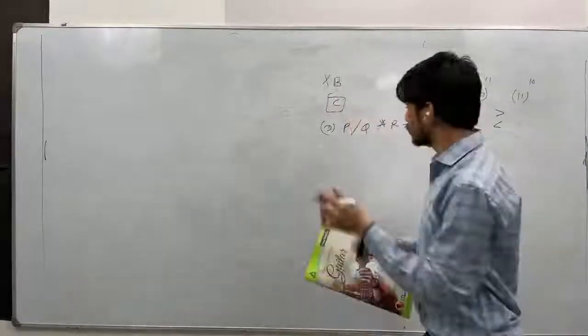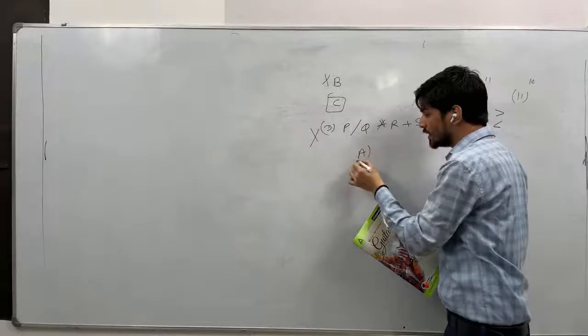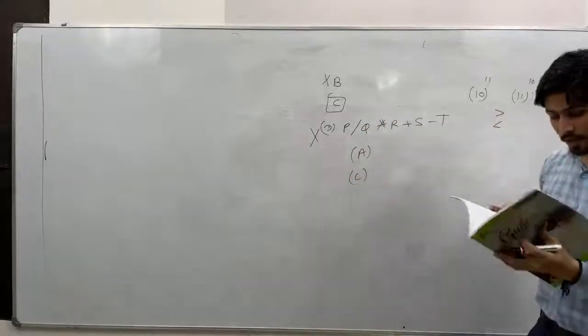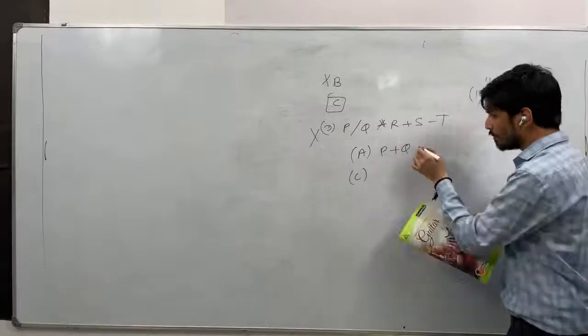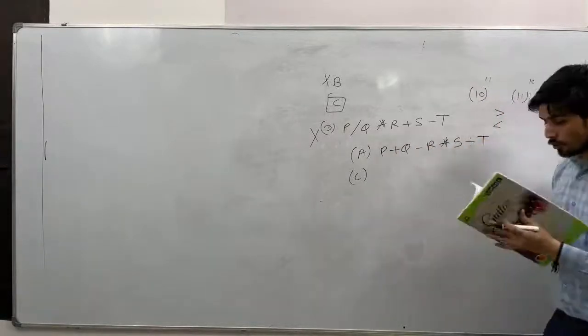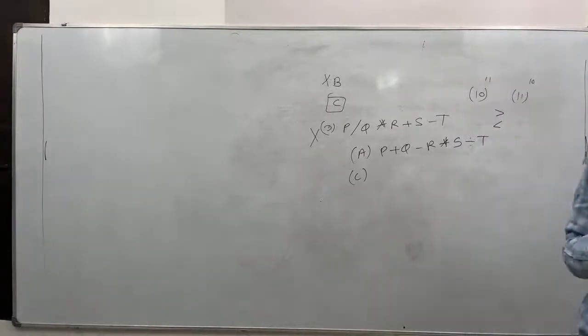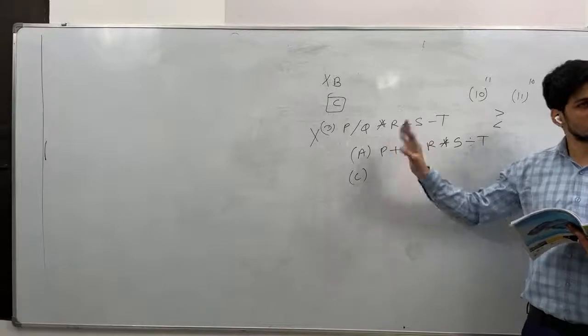P is the father. So again, this cannot be correct, right? So we are left with only two options. Either A or C will be correct, right? Now you see A, that is P plus Q minus R star S divide T. Now this one can be correct, right? Because P plus Q, P is the mother, so this can be correct.